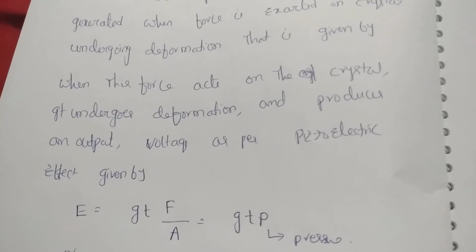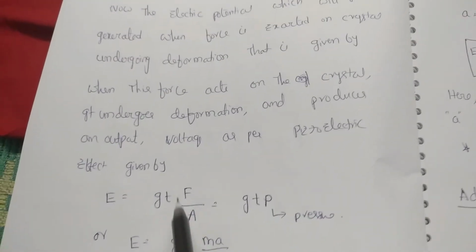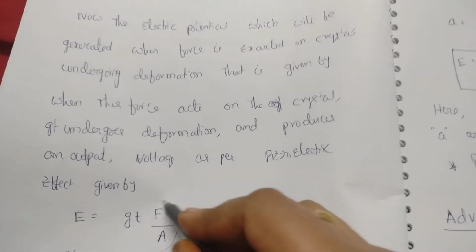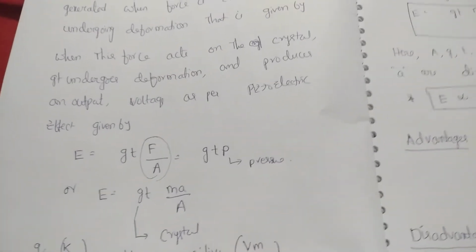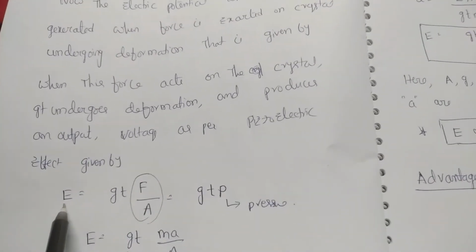The voltage, as per the piezoelectric effect, is given by the formula E equals g t into F by A. F by A is nothing but pressure. So when we apply pressure across the crystal and it deforms, the output voltage E is generated.